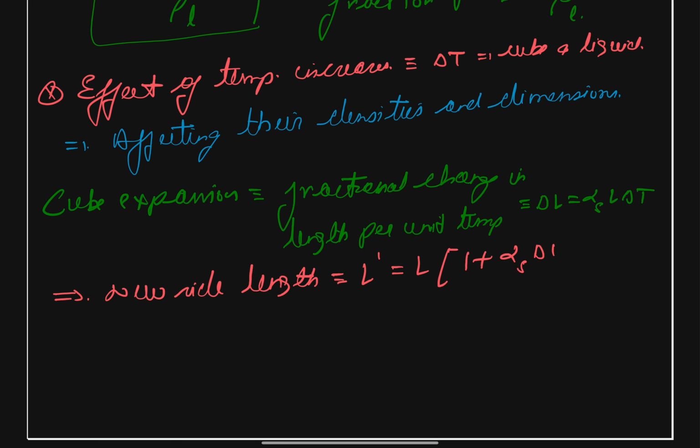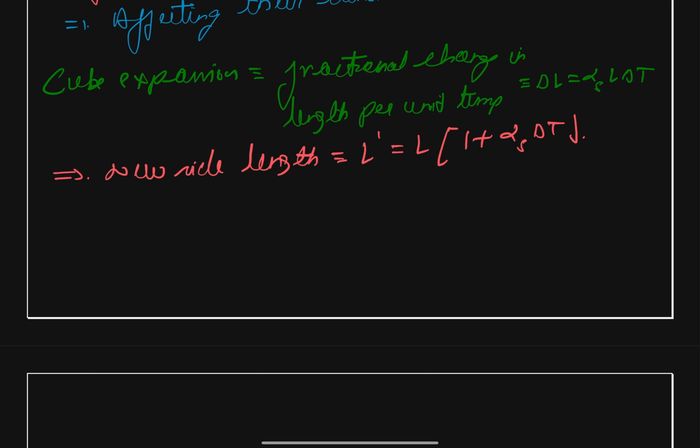As the length changes, obviously its volume also changes. So the new volume, Vs prime, will be L prime whole cube, which is L cube times (1 plus alpha s delta T) whole cube.